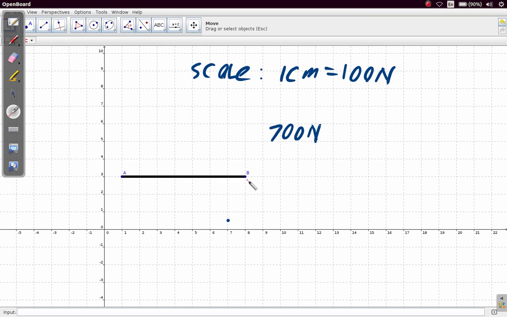If you're representing the vector quantity on a graph, now I want to tell which direction the vector is operating. Is it in this direction or is it in this direction? So you see the need for the arrow. I have the arrow pointing in that direction. All right.